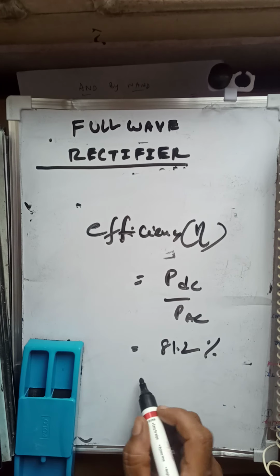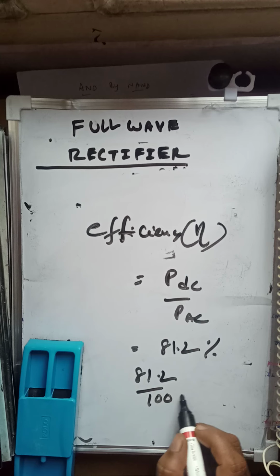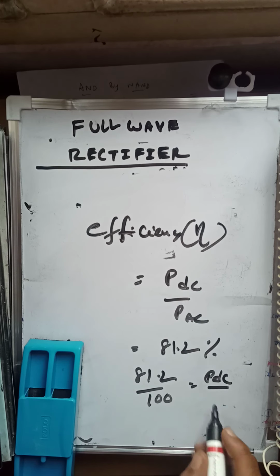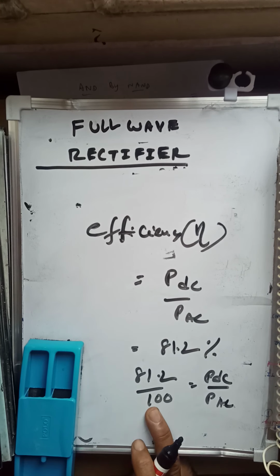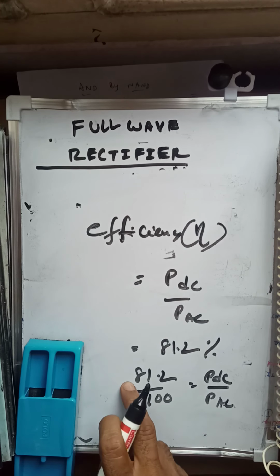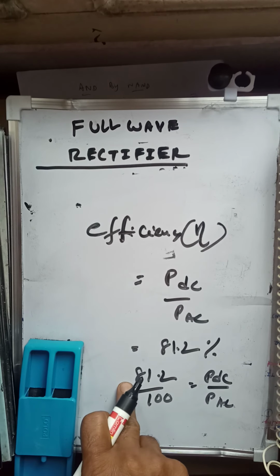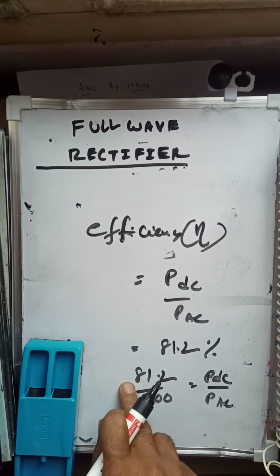That means 100 percent of AC power is converted into 81.2 percent of DC power. That is how this is the best rectifier, which converts the maximum DC from the applied AC. This is how it has more advantage than the half wave rectifier.